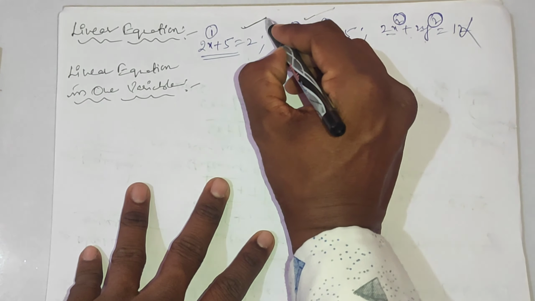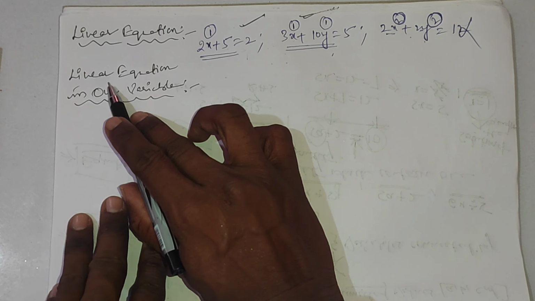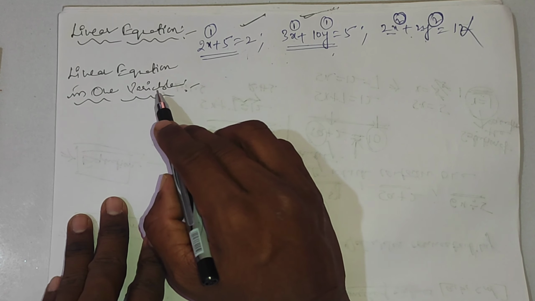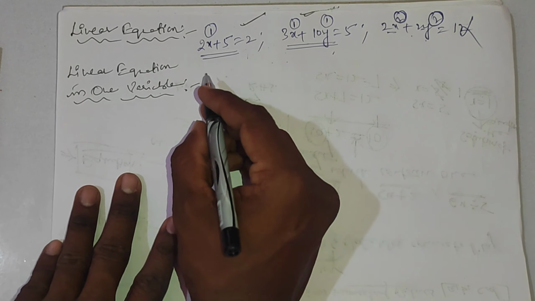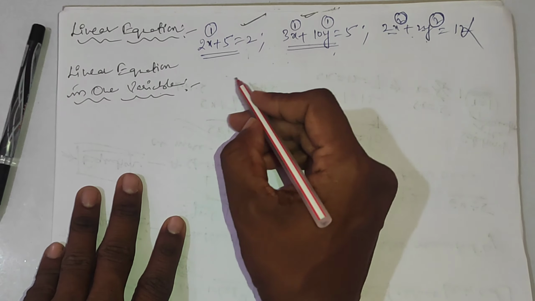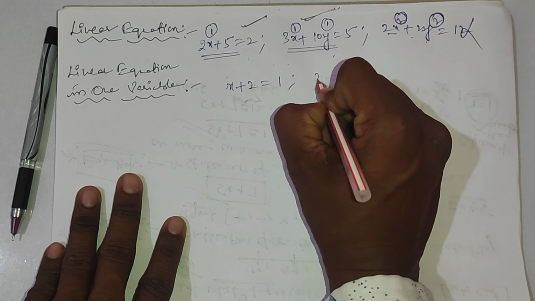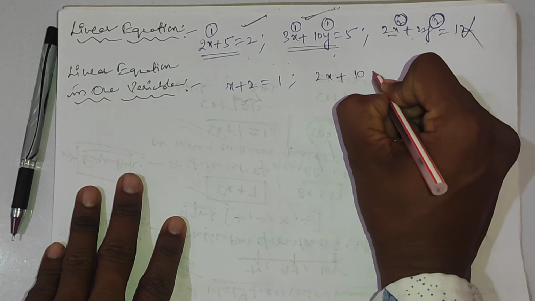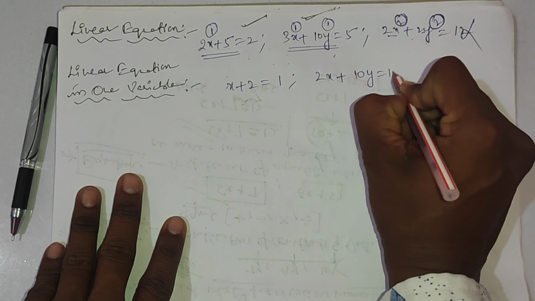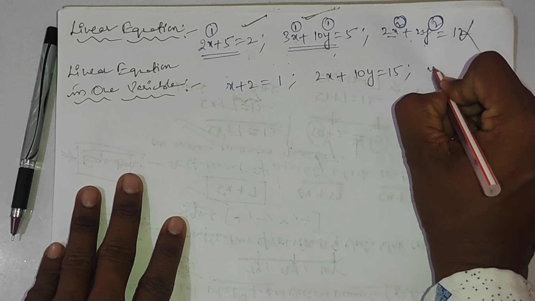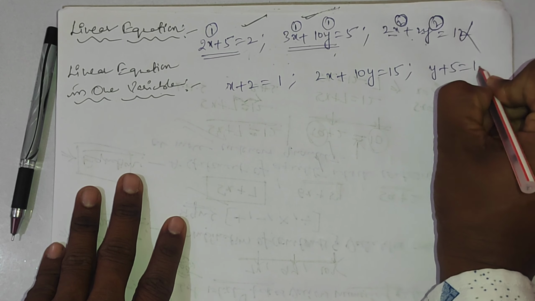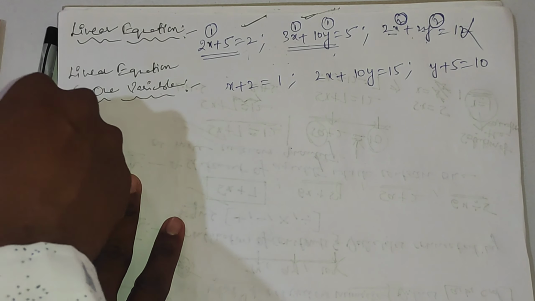That's why these two are examples of linear equations. Now we'll see linear equations in one variable. Okay. Now we'll take some examples here. x plus 2 is equal to 1. 2x plus 10y is equal to 15. And y plus 5 is equal to 10. So I took some examples.